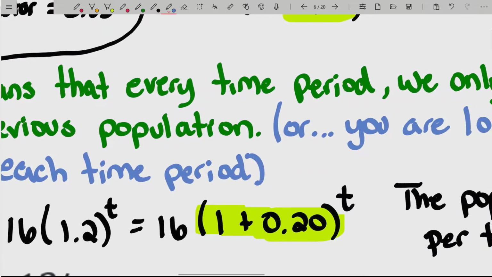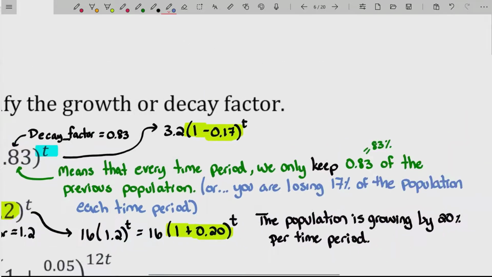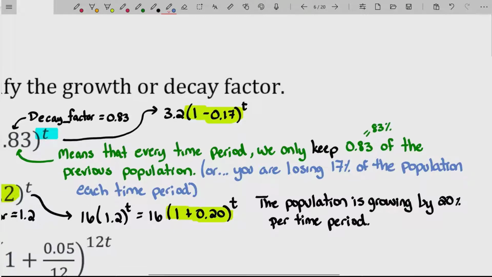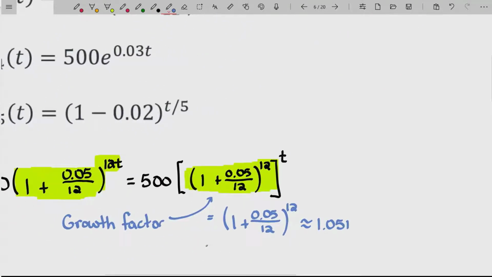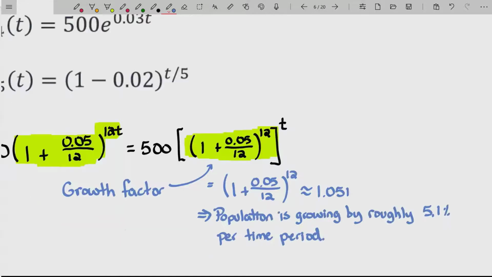Our population was growing by 20% every time period. Well, that's what this is saying as well. This implies that the population is growing by roughly 5.1% per time period.